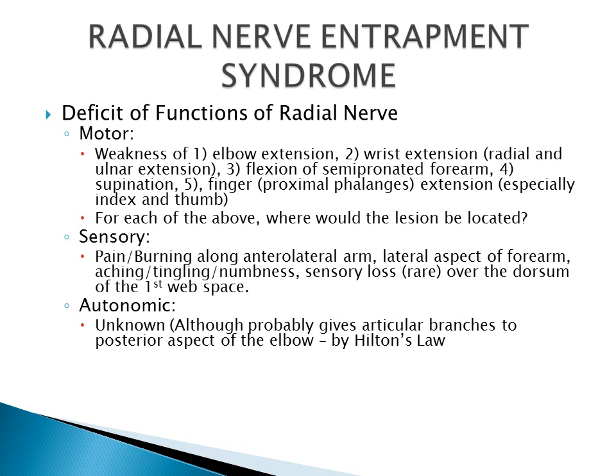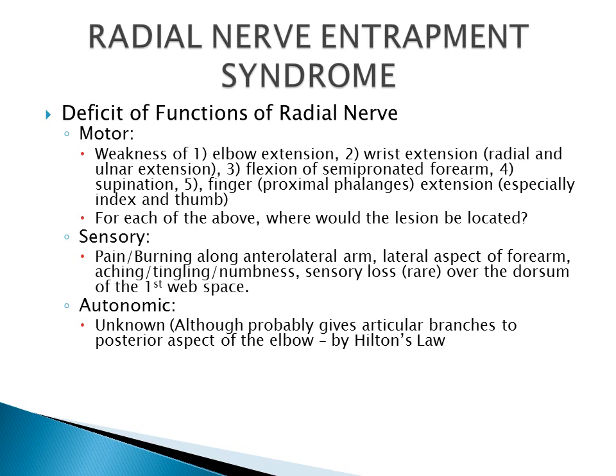Well, the autonomic functions of the radial nerve are not really well known. In other words, it's not known, and I haven't been able to locate any references which indicate that the radial nerve serves particular glands or serves particular blood vessels in the upper extremity. But according to Hilton's law, we can probably make a couple of suppositions.